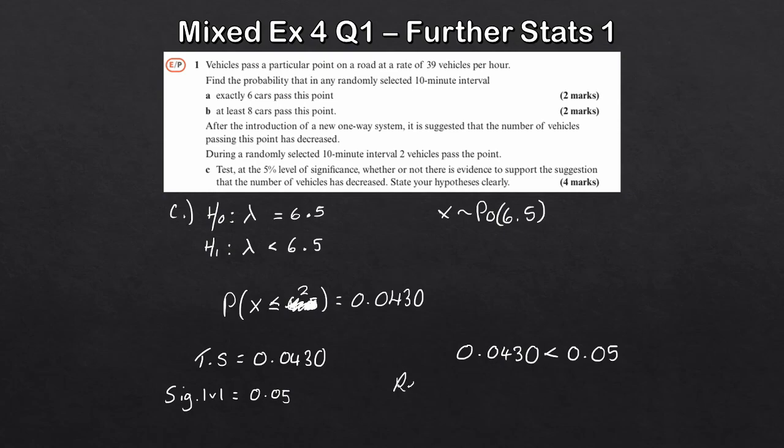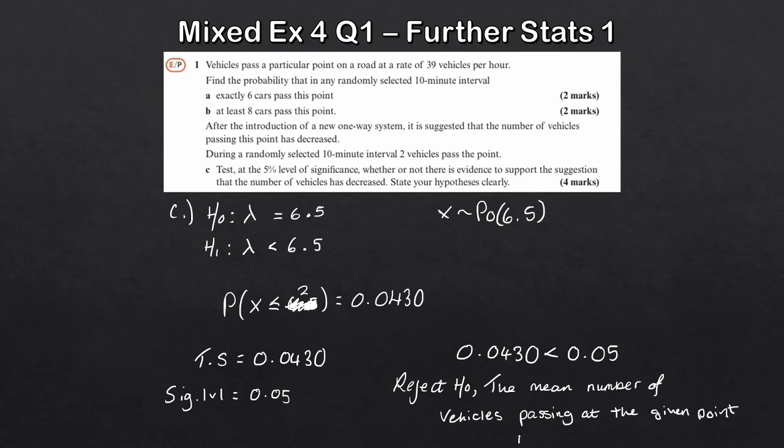So reject H0, and then we can give it a little bit of context. So what we're expecting here is that the mean number of vehicles passing at the given point has decreased.